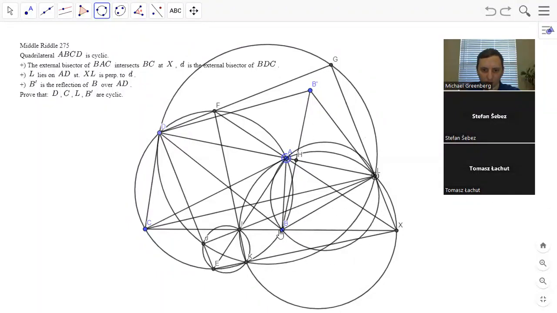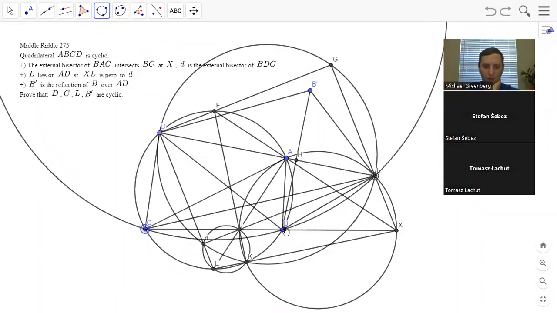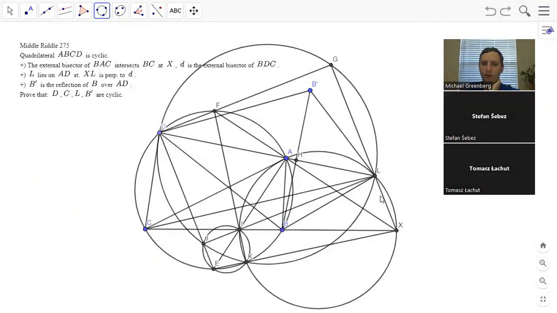LAB. Somehow I want to use that this is an angle bisector. Just not sure what the right way is.